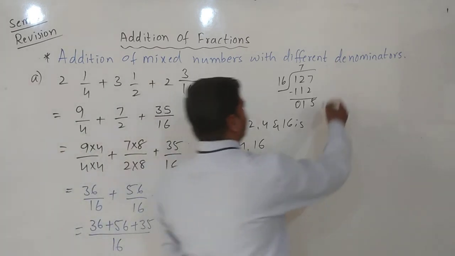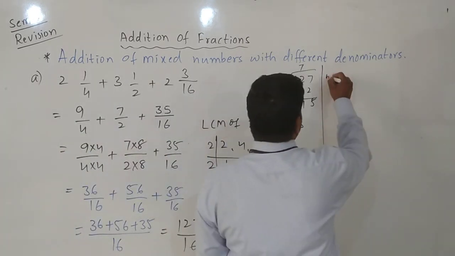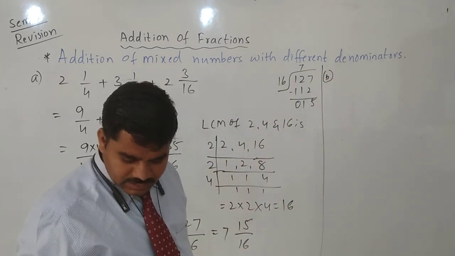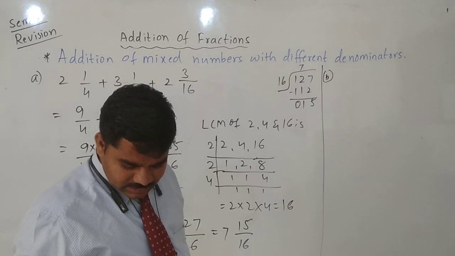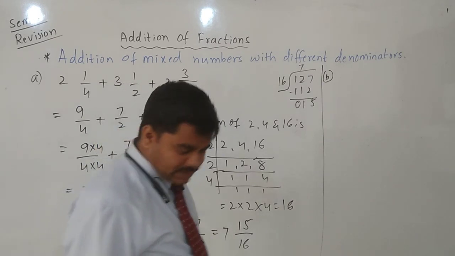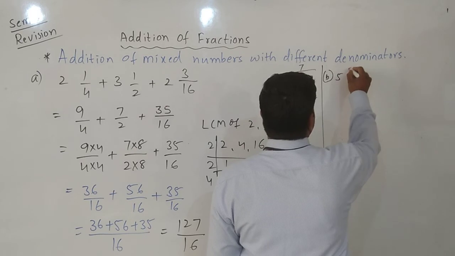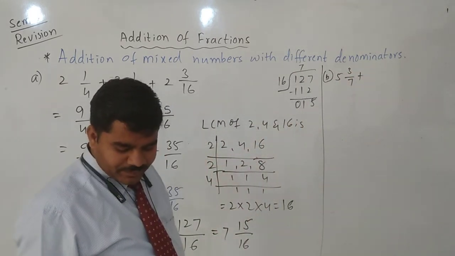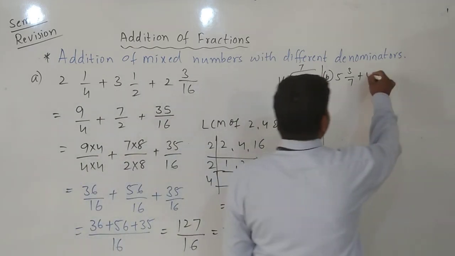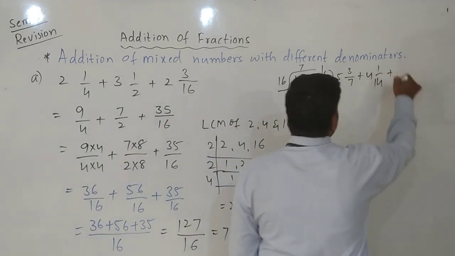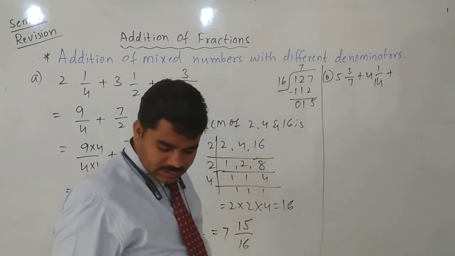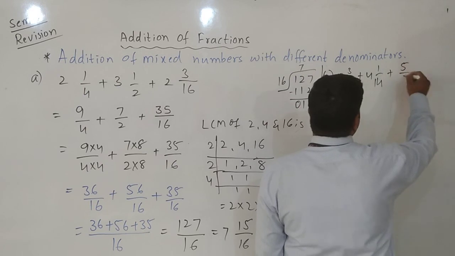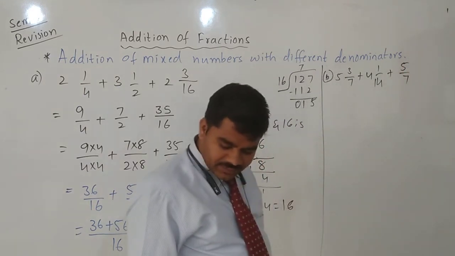Now one more, second one, B. We'll take here 5 integer 3 by 7 plus 4 integer 1 by 14 plus 5 by 7, only 5 by 7, a mixed number and a fraction.